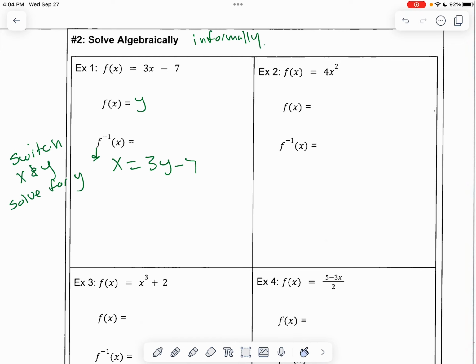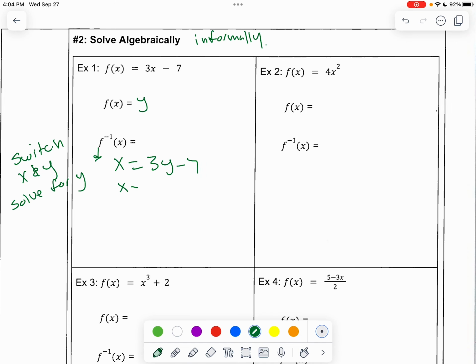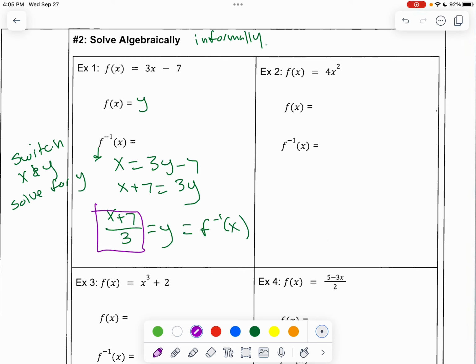I'm going to do x plus 7 by adding over the y, and then divide by 3 on both sides. So I get x plus 7 divided by 3 equals y, which is the same thing as f inverse of x. So your inverse is x plus 7 all over 3.